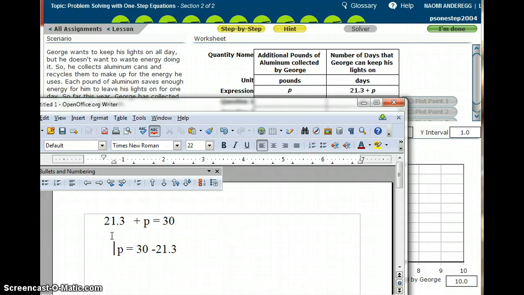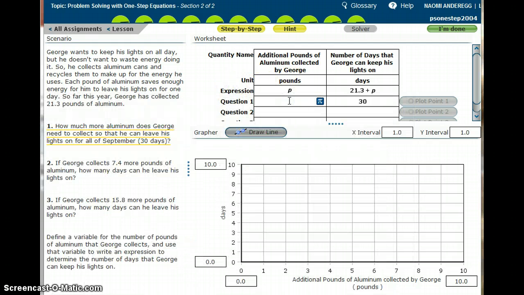And then I can just simplify this. 30 minus 21 would give me 9. So minus 21.3 is going to be a little less than 9. In fact, it's going to be 8.7, because I go another 0.3 down from 9. So I get P equals 8.7 here.